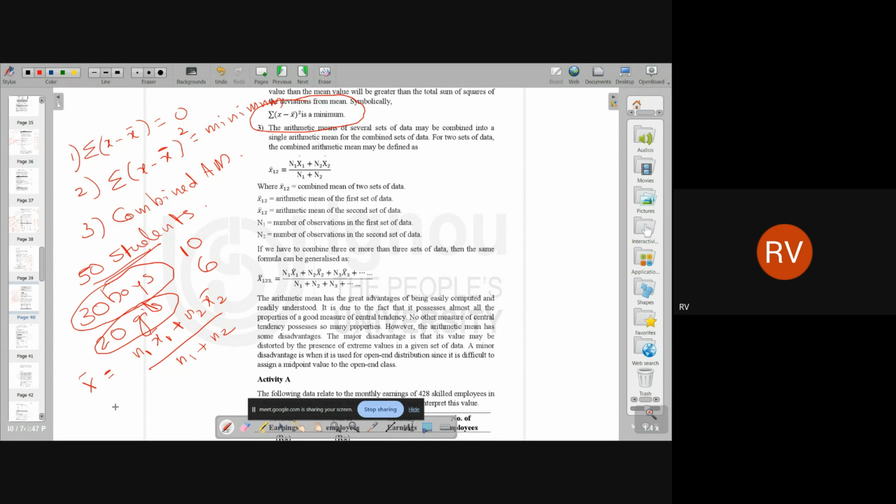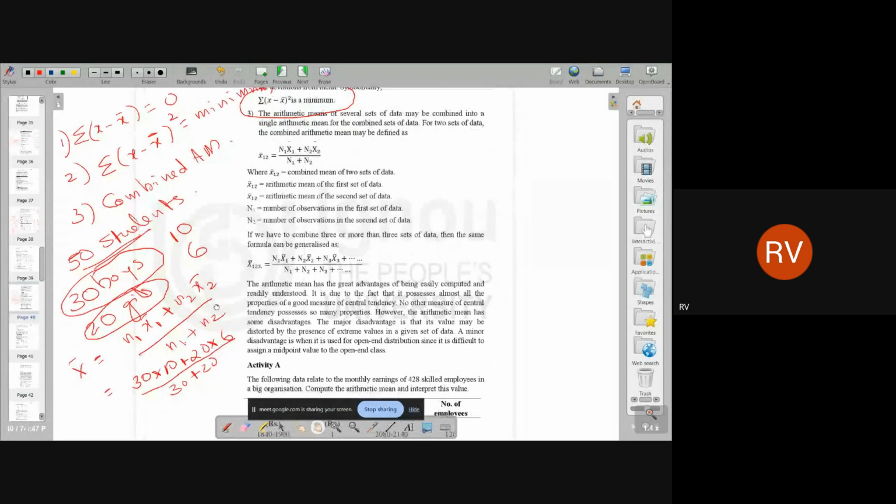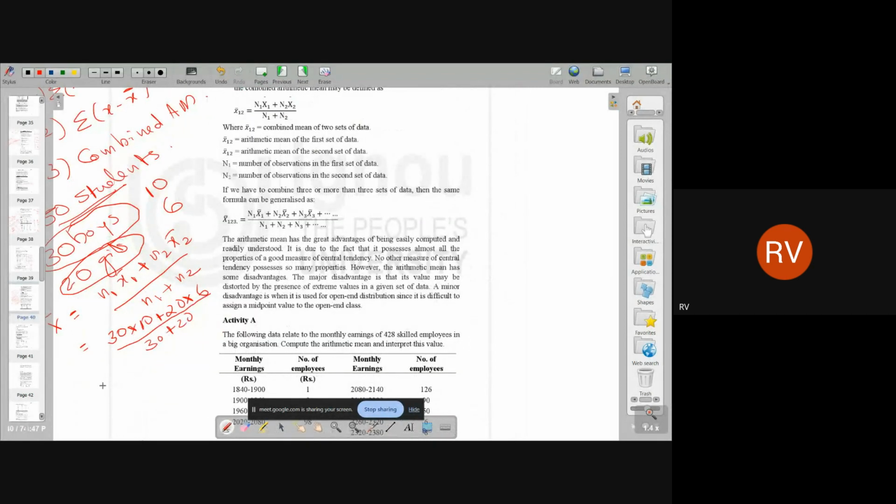Then the arithmetic mean of the whole class is: number of boys times the arithmetic mean of boys, plus number of girls times the arithmetic mean of girls, divided by n1 plus n2. That is 30 plus 20, so 300 plus 120 by 50.